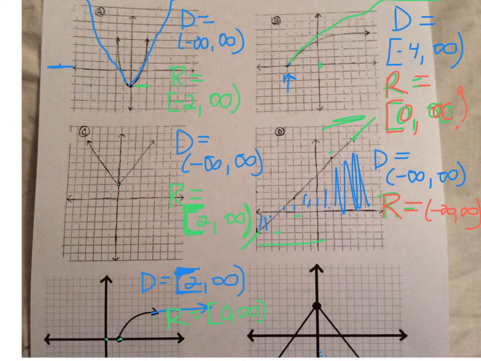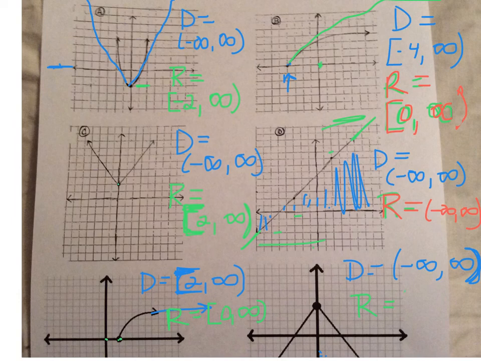Now let's look at this one. This one's a little bit different. Again, since I have arrows, it's going to extend forever along the x-axis. So the domain in this case, again, is going to be all real numbers, so negative infinity to positive infinity. But here, the range, as the function goes down, I'm getting range, right?